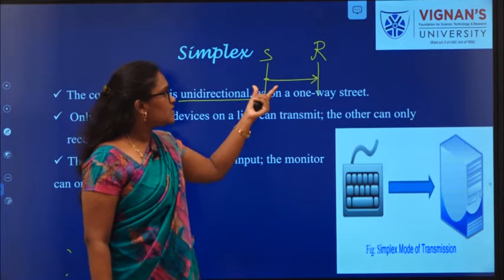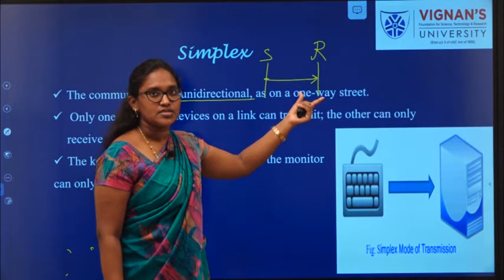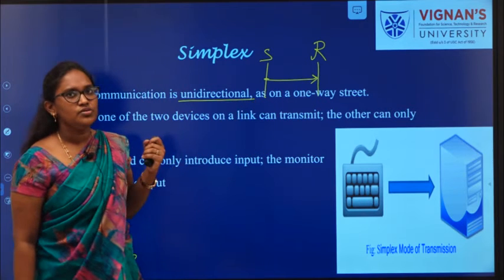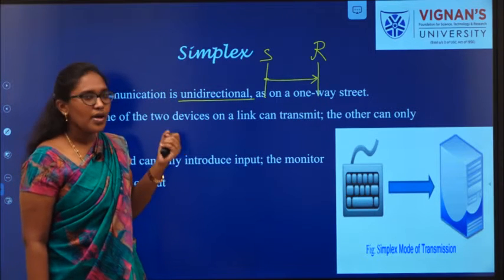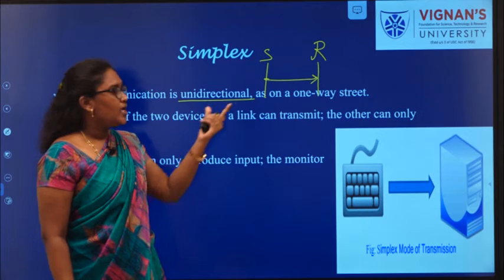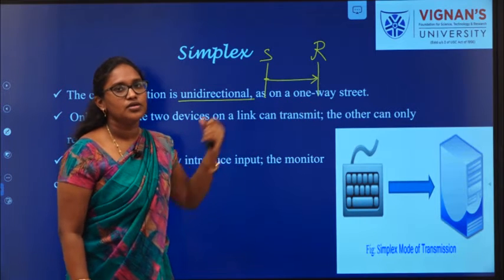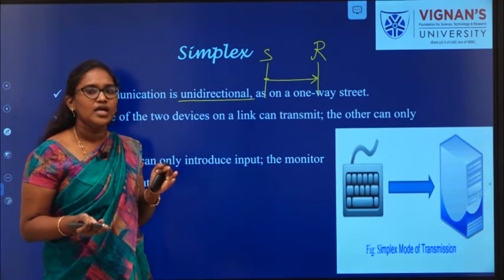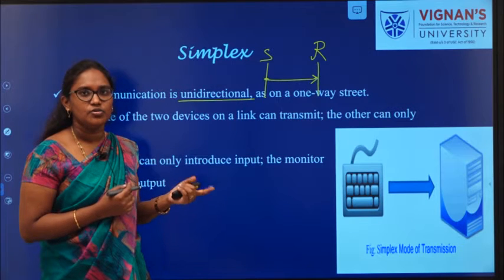Once the sender forwarded the data to receiver, after receiving the data, then only it should give reply. So, the drawback of simplex is its communication mode is unidirectional. That means both sender and receiver cannot communicate at one time.